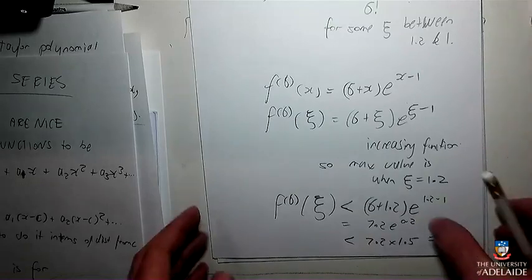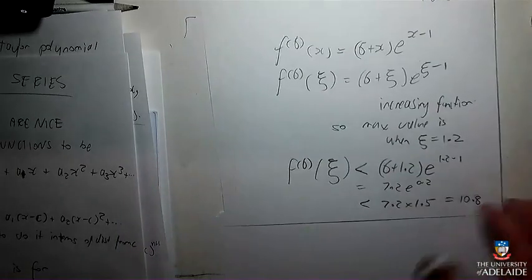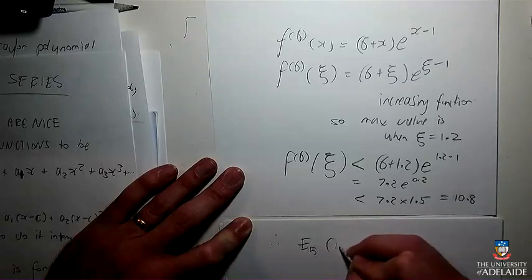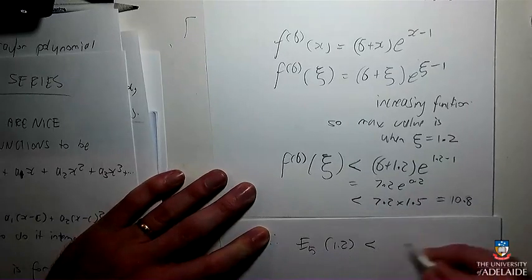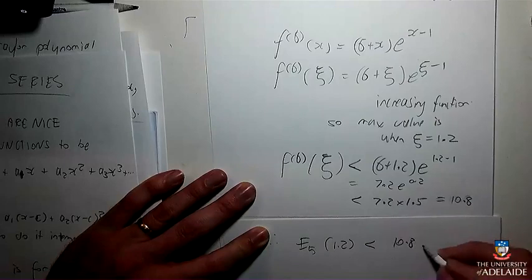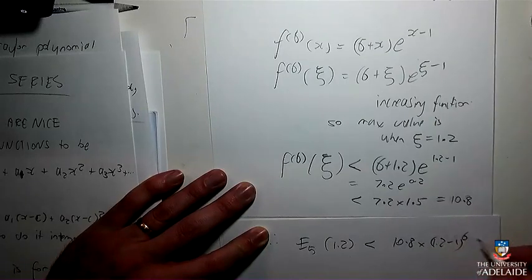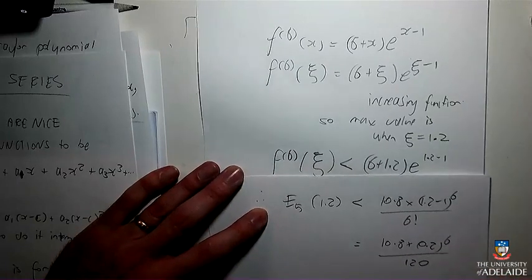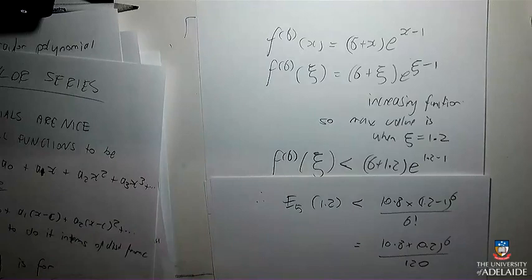Okay. And so therefore, E5 of 1.2 is less than 10.8 times (1.2 minus 1) to the 6 over 6 factorial, which is 10.8 times 0.2 to the 6 over 120, which is actually a shockingly small number.